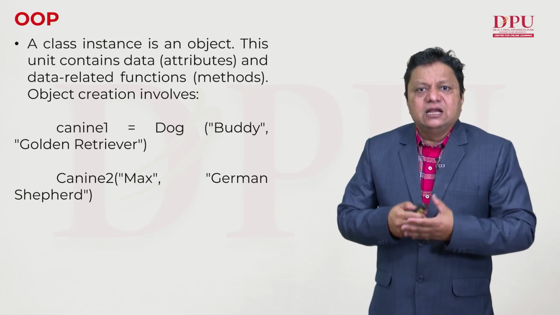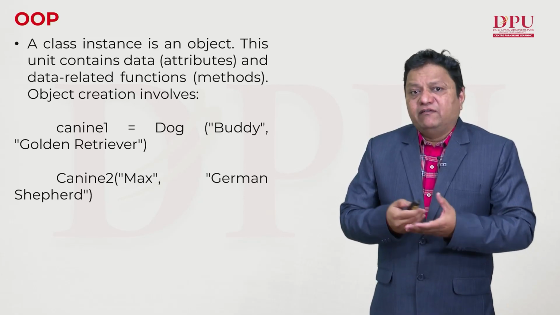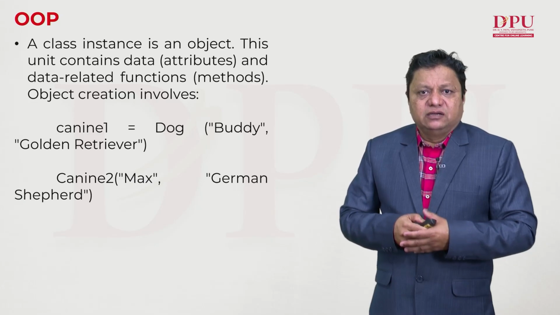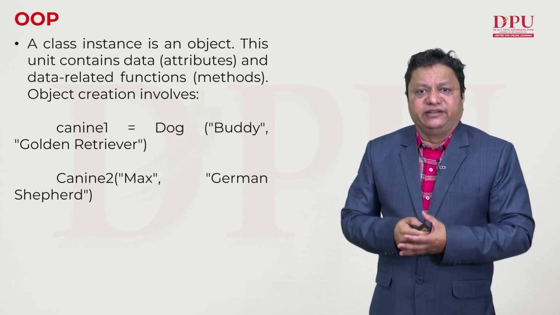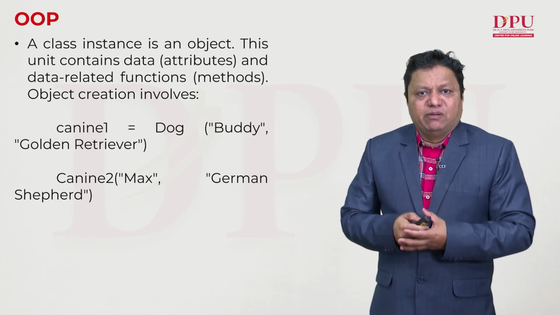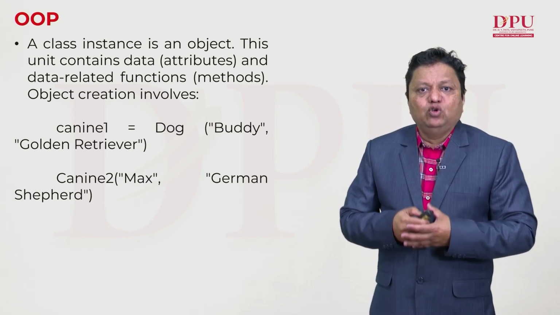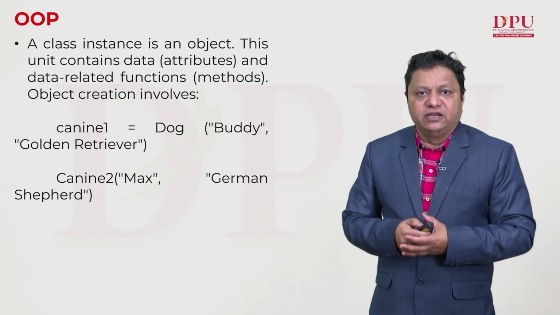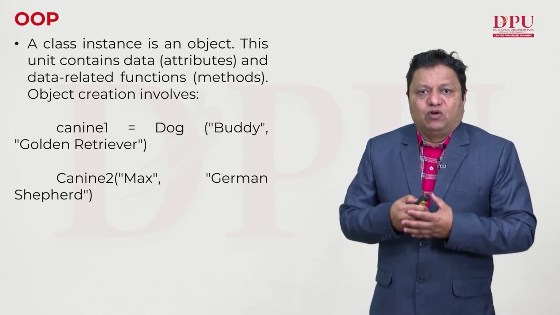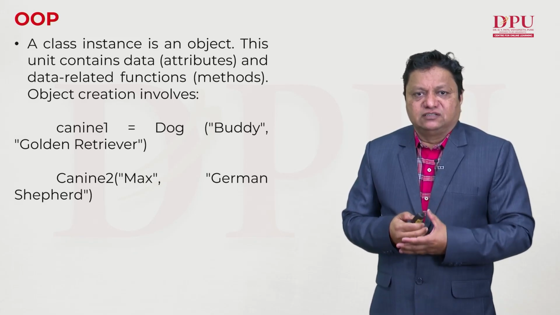So we can say that a class is a logical entity, whereas the objects are the reality. Objects actually contain the data members and functions. Class will only define its blueprint. Class will only define what the data members and the functions of a class are.